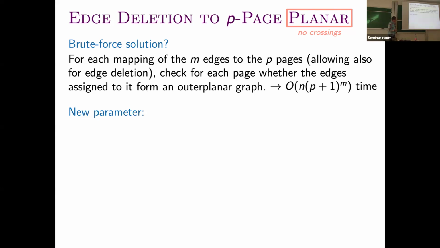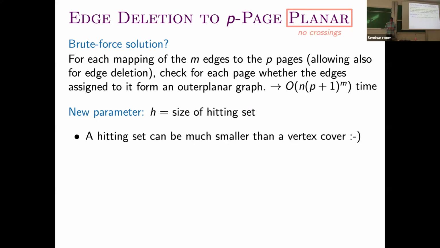Now, our new parameter is, as I already said, the size of a hitting set. The good thing about it is, first of all, it can be much smaller than a vertex cover. Think of a complete bipartite graph. I have some vertices here, some vertices here, and here's my hitting set, and you have all the edges between them.